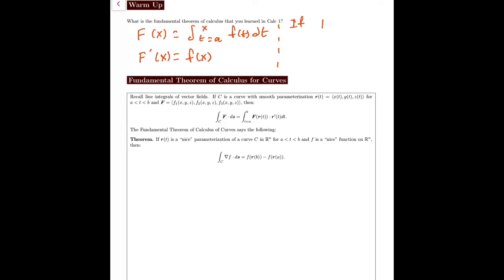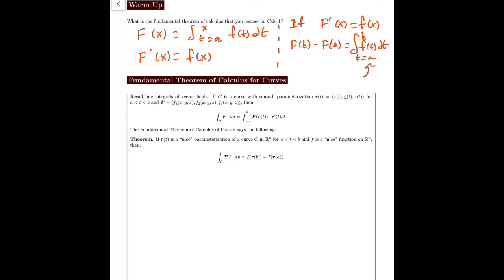It says if F prime of x is equal to little f of x, then big F of b minus big F of a is equal to the integral from t equals a to b of f of t dt.